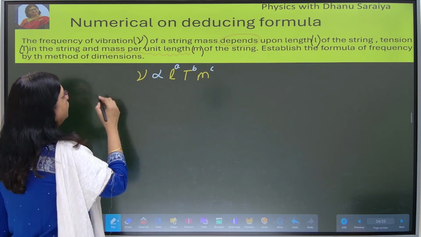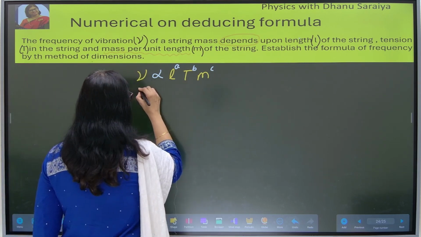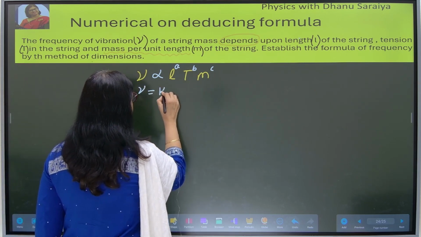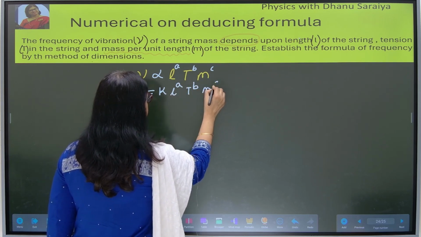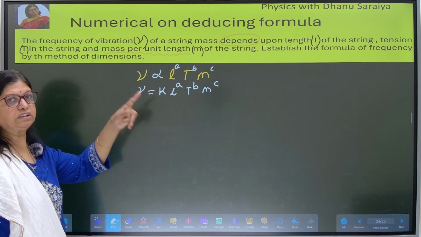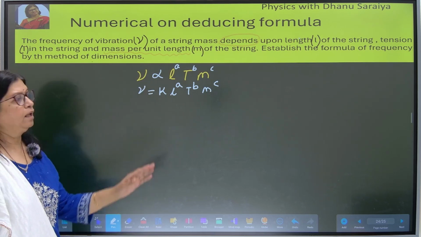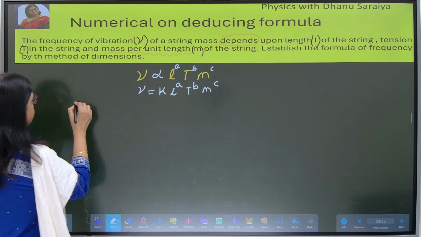Okay, so now nu. Let us write its equation. I wrote its equation with a constant k which is dimensionless. Fine. Okay. So let us write its dimension formulas.